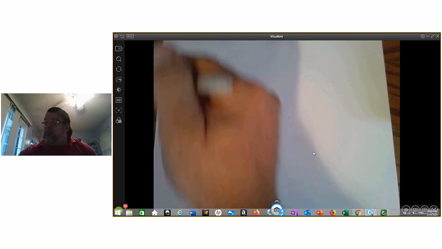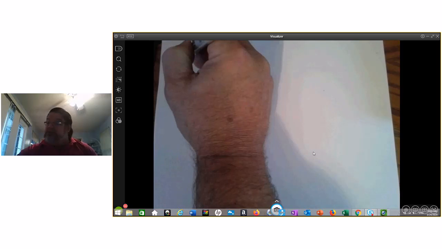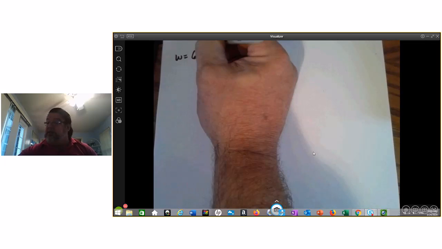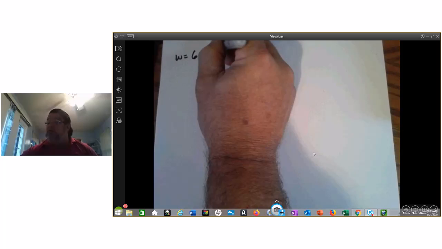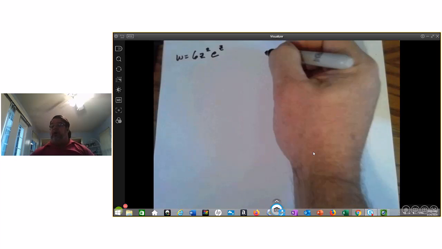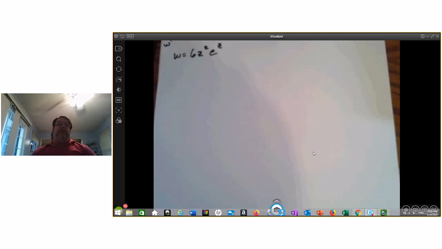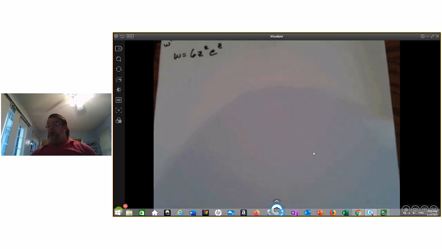They want you to find W double prime. So they want you to find not only the first derivative, but the second derivative of 6z to the second power e to the z. So go ahead and get started using the product rule.